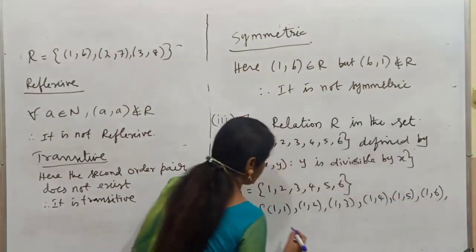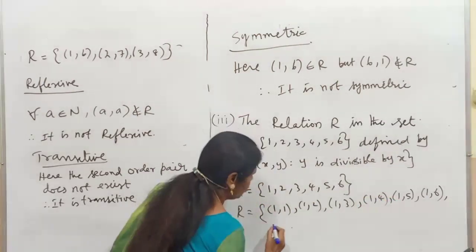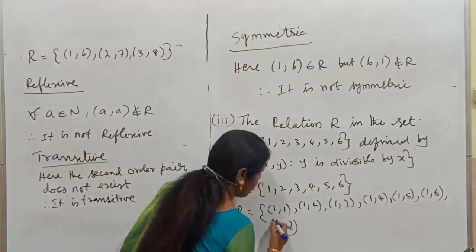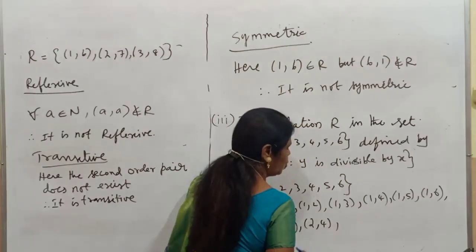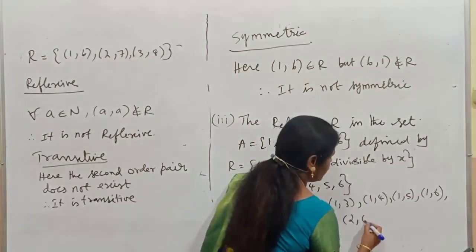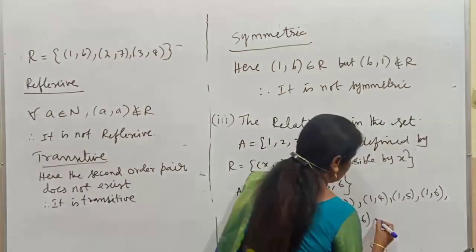Next, we are going for 2. 2 is divisible by 2, 4 is divisible by 2, and 6 is divisible by 2.